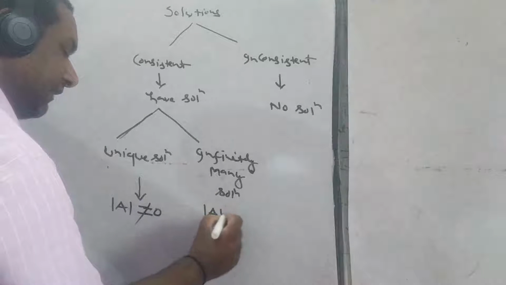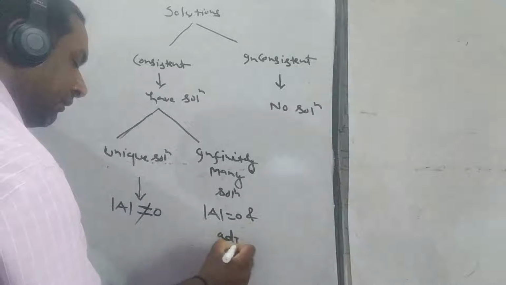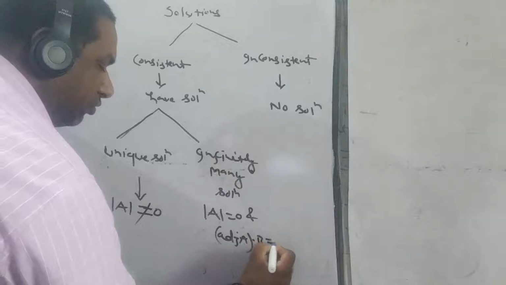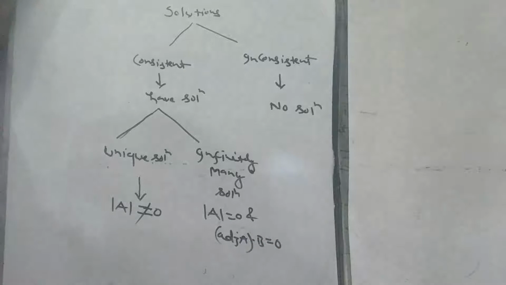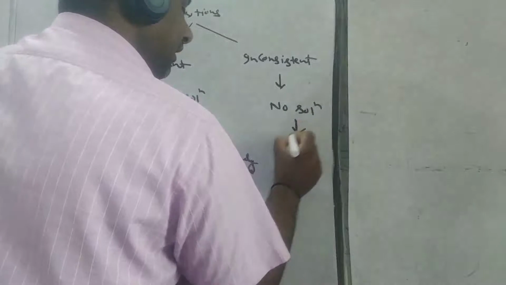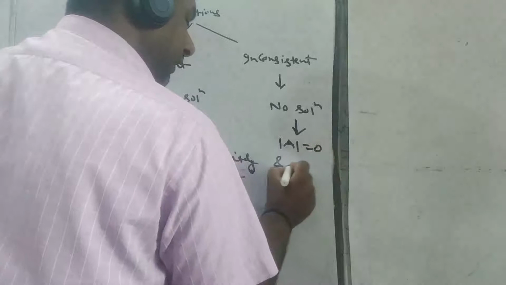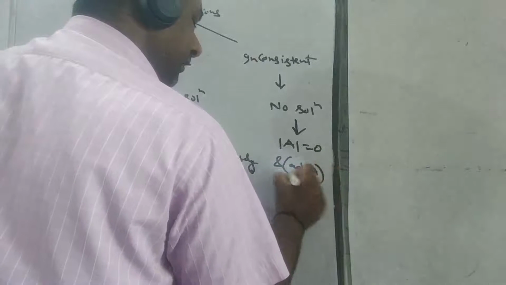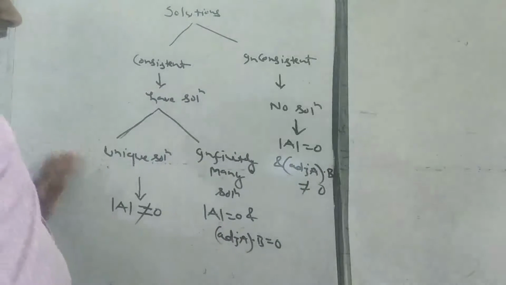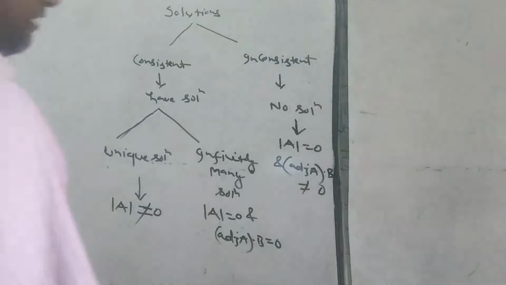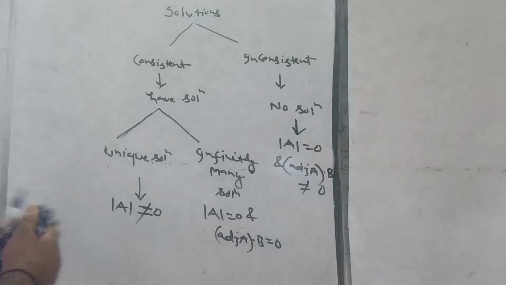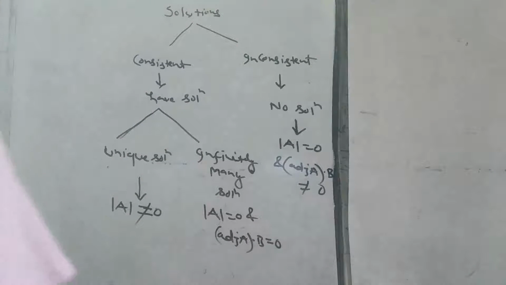If determinant A is equal to 0 and adjoint A into B is equal to 0, then it gives infinitely many solutions. If determinant A is equal to 0 and adjoint A into B is not equal to 0, then it gives no solution. Now you might be thinking about what is capital A, what is capital B. So please wait for a minute. So these are the possibilities of the solutions.